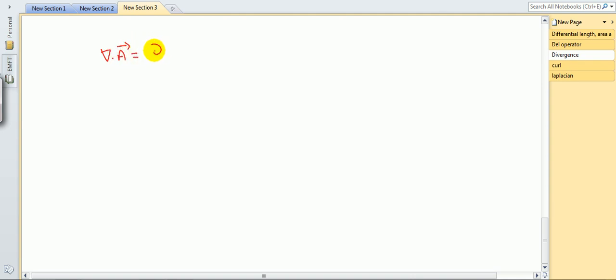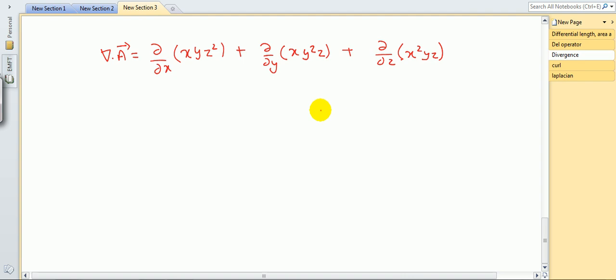So del dot A will be del by del x of, as from the formula, the Ax component, that is x y z square, plus del by del y of x y square z, plus del by del z of x square y z.